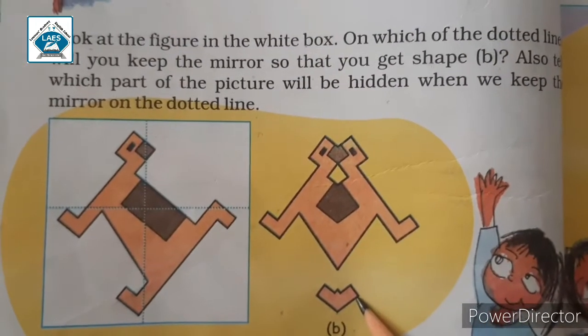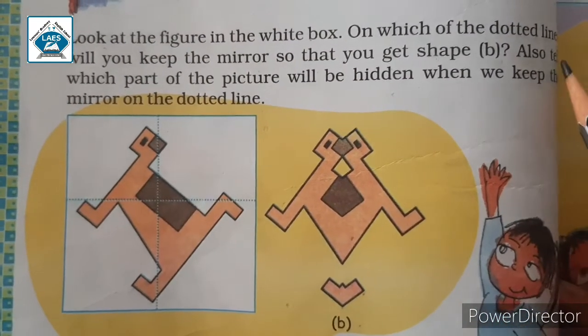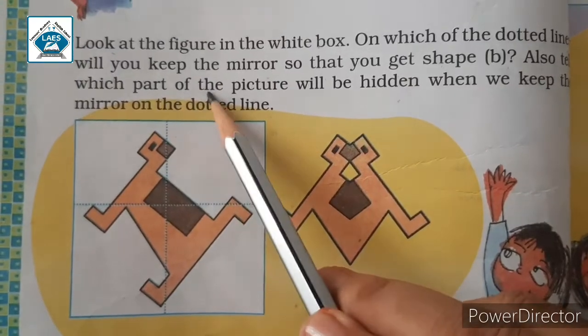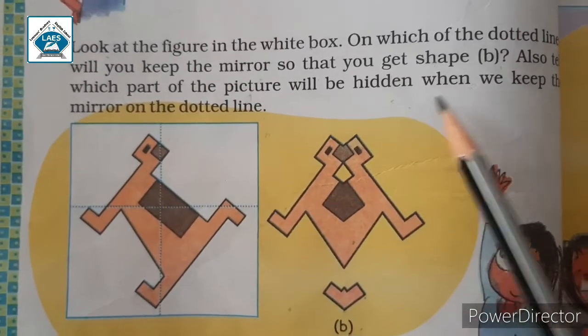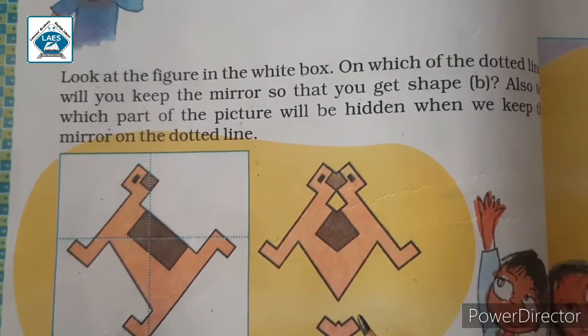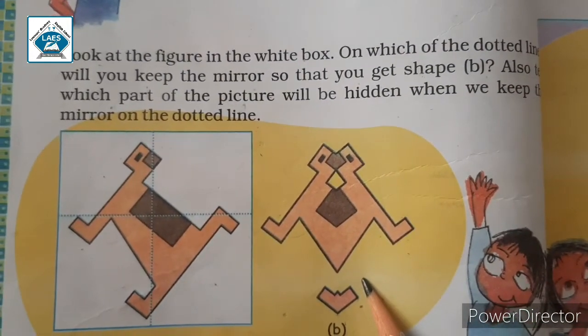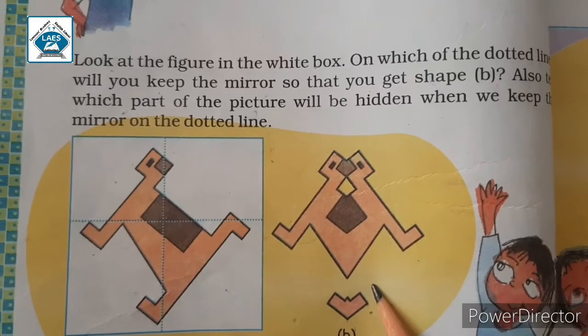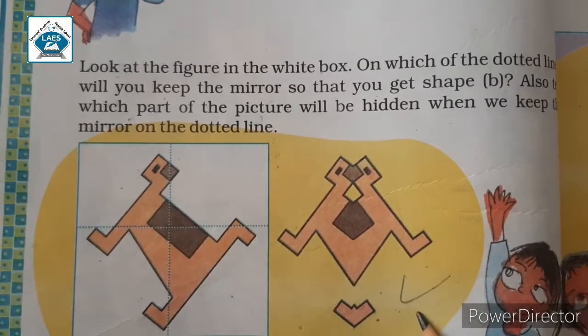So how will it be got? Also tell which part of the picture will be hidden when we keep the mirror on the dotted line. So here we have to put the mirror to get this shape.